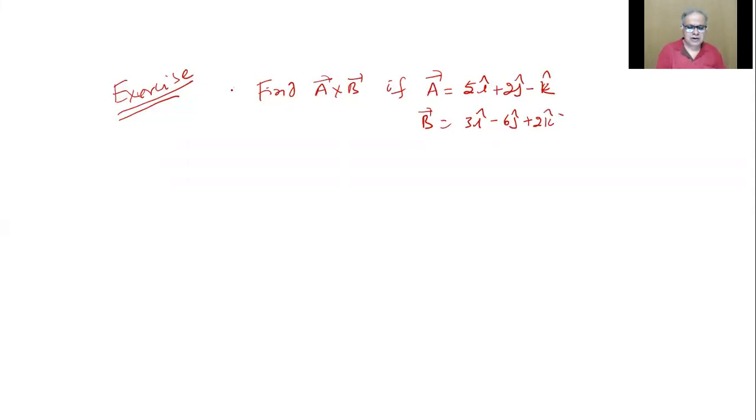Just that's all. So how shall we write? I, J, K. Then A cross B, so A components should come first: 5, 2, minus 1. 3, minus 6, 2.